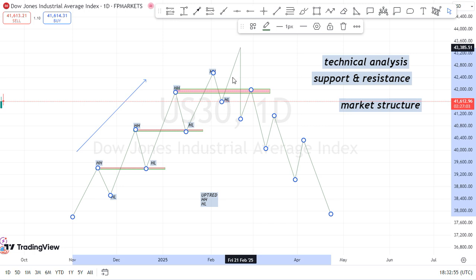Now this confirms what? This confirms that the uptrend is about to change, because we failed to create a new higher high here. We were supposed to break this area here.